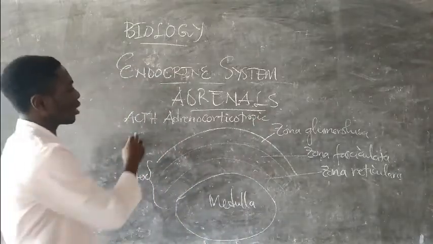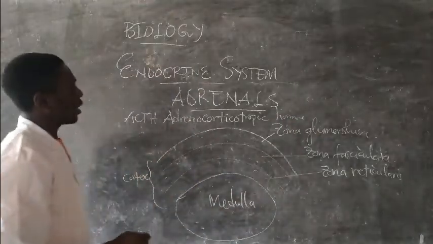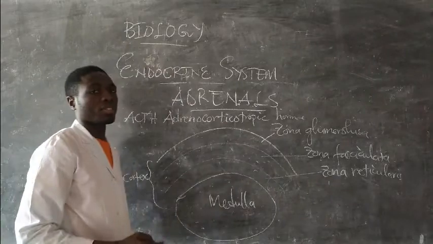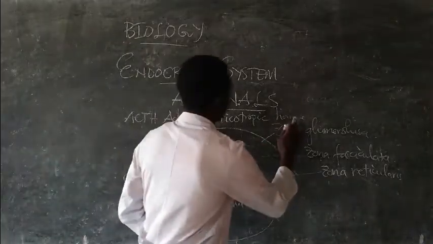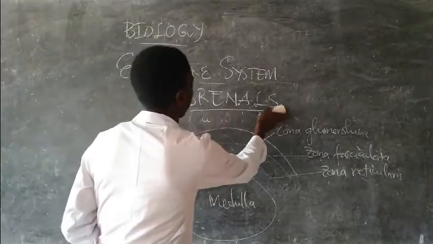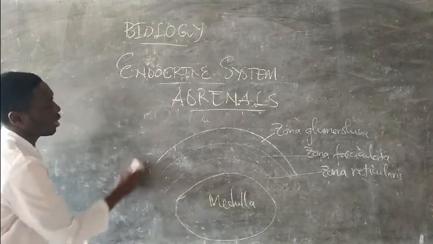That's the spelling. It actually acts on the cortex, because the cortex produces a lot of hormones, which you're going to see. Now, already you know this is the cortex and this is the medulla.